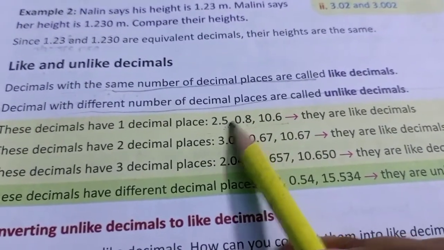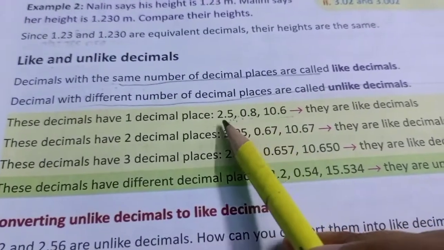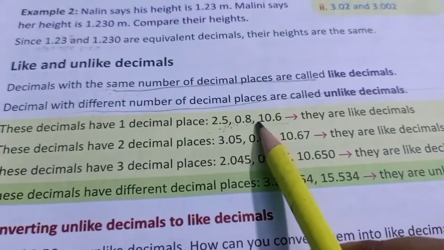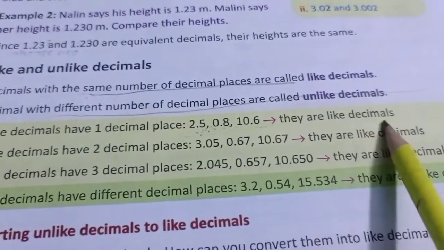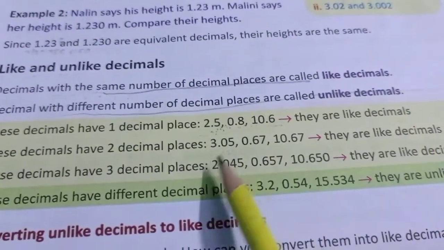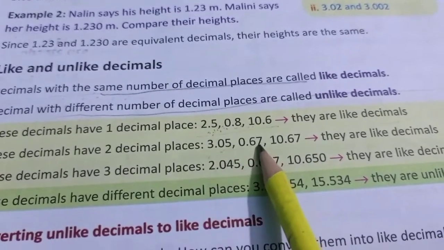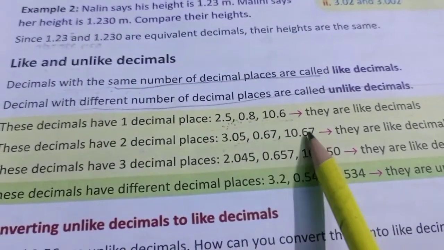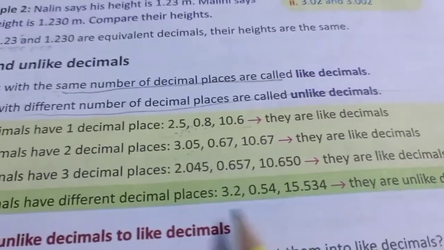You see one digit only after the point, that means one decimal place. So they are known as like decimals. Similarly, here you will have two decimal places after the point. So these are like decimals.